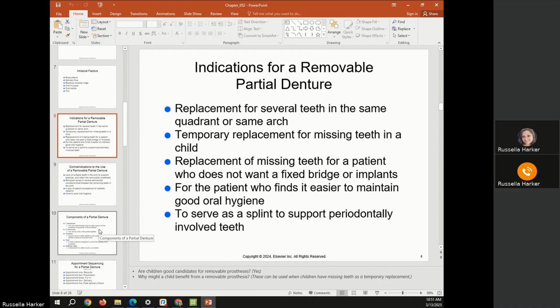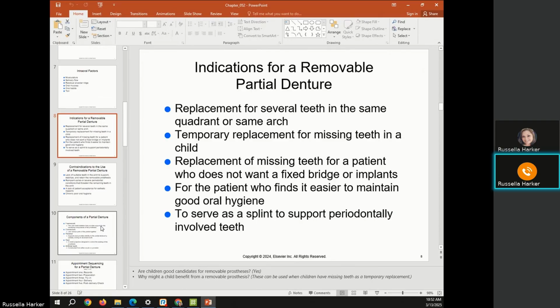Indications for a removable partial denture, or reasons that we would want to do a partial denture, would be to replace several teeth in the same quadrant or same arch, or to temporarily replace missing teeth for a child, which is not something that we do often, but it can be done.